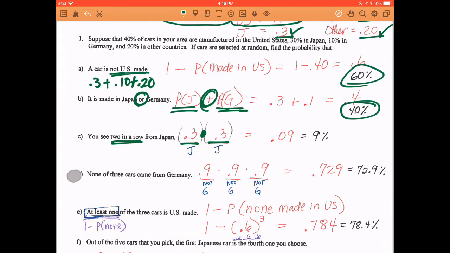0.09. Now we have the situation where none of the three cars are from Germany. So there are three events, three trials. The first car is not from Germany, and the second car is not from Germany, and the third car is not from Germany.